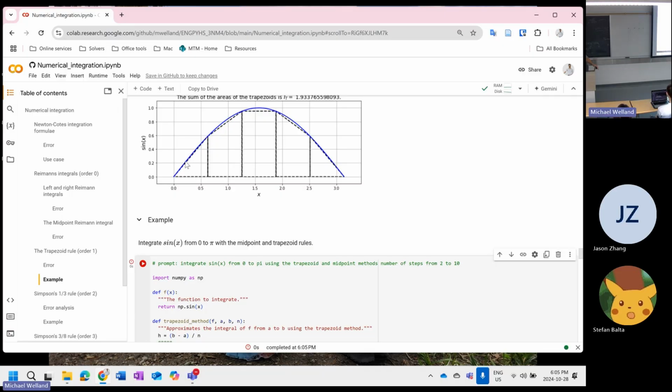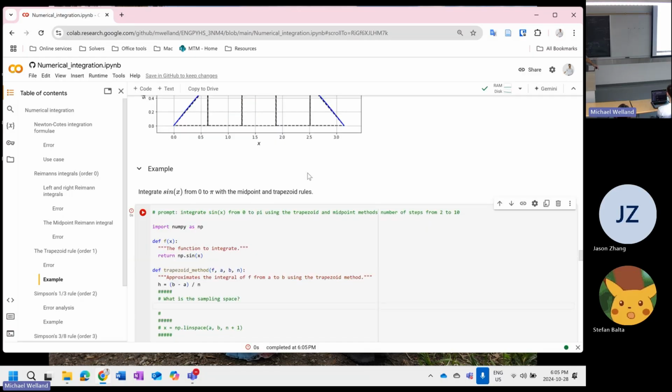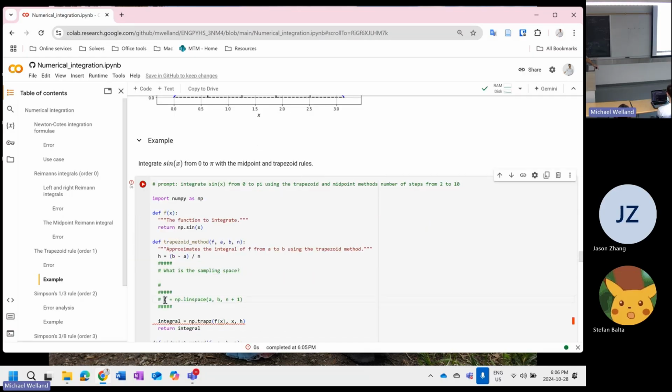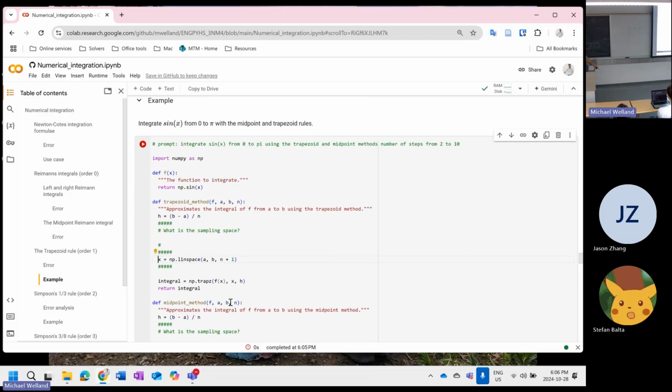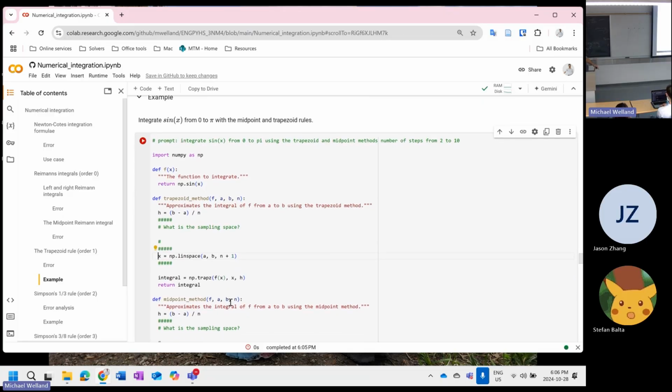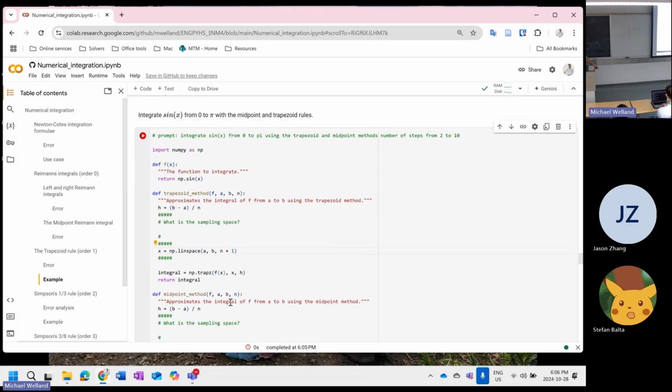I was just going to say b minus a over your. Yeah, right. Trapezoid evaluates at every single point. So for trapezoid, it's super easy. You just say go between A and B in n plus 1 increments. When you go to the midpoint, though, it's going to be a little bit different, right? So where are we sampling here? Right.